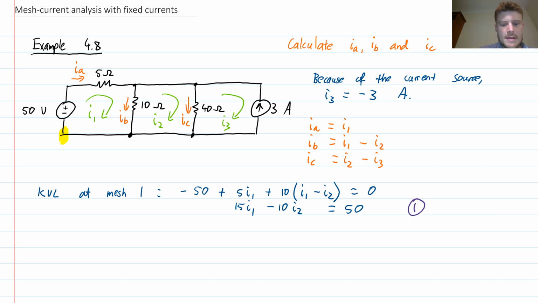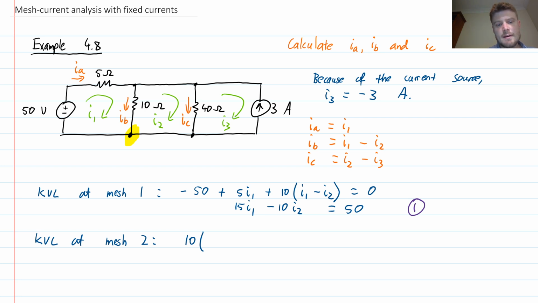Our next step is to do Kirchhoff's voltage law at mesh number 2. For mesh number 2, we choose a starting point. I might as well pick the node here. Again, we proceed in a clockwise direction. I will have 10 ohms multiplied by the currents that pass through.